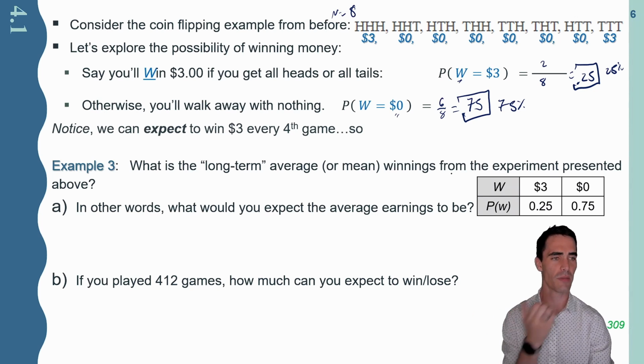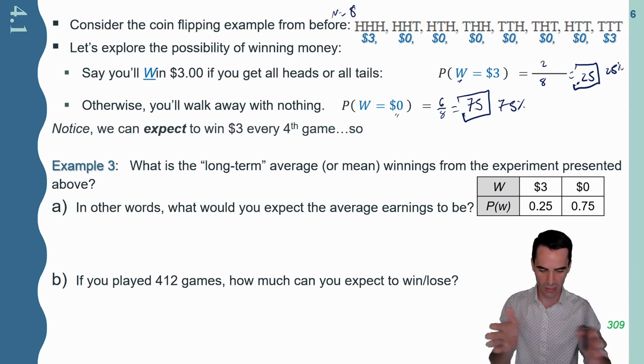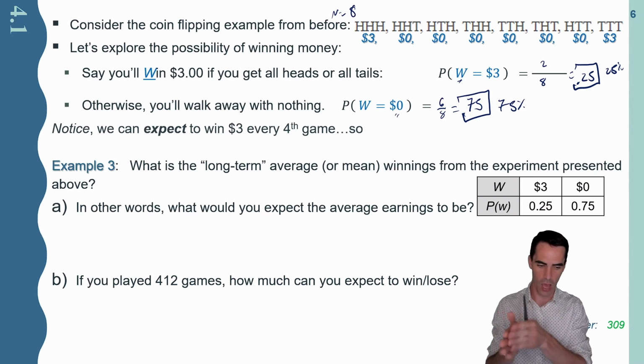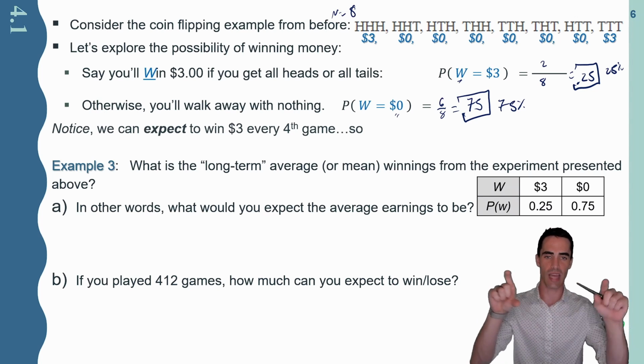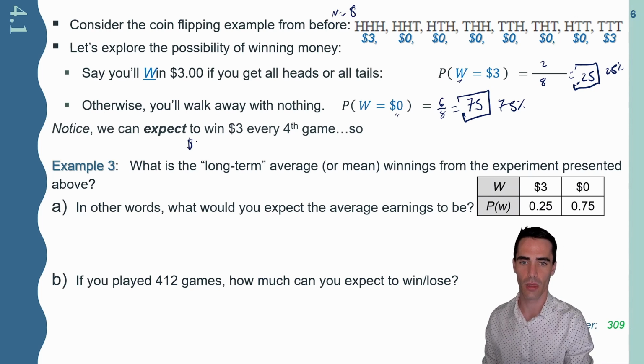And so how can we think about this as, what do I expect is going to happen? Notice we can expect to win $3 every 4th game. This idea of every 4th game, think about lining these games up, and out of 4 games, I'll win $3. I can write this as a fraction: I'll win $3 every 4 games.